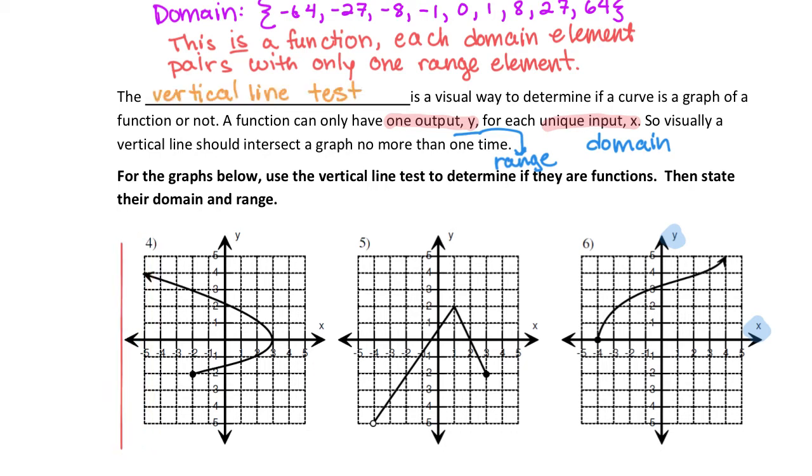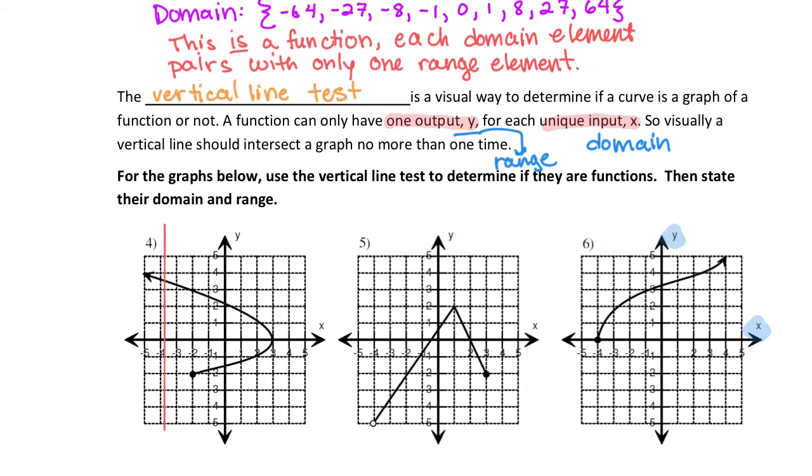So x are our horizontal values, y are our vertical values. You can see I've got a vertical line that I've created here that I can drag along my graph. So the graph I'm talking about is this curved value here. And you've seen this before in lesson 4.1. But now I'm going to drag this line across. And anytime this line hits more than one point, so right here, if I look up and down, right there is where it intersects this curved one, only one time.